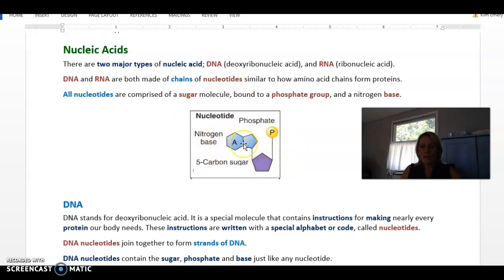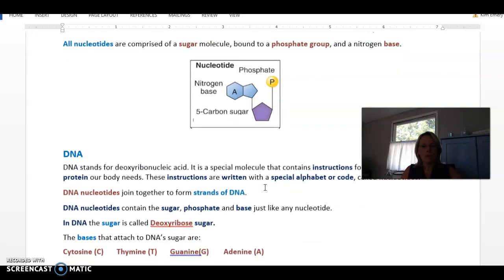This base can be one of 4 bases if this is part of a DNA molecule, and if it's part of an RNA molecule, it also will be one of 4 bases. We'll talk more about the types of bases involved in each of these different molecules.